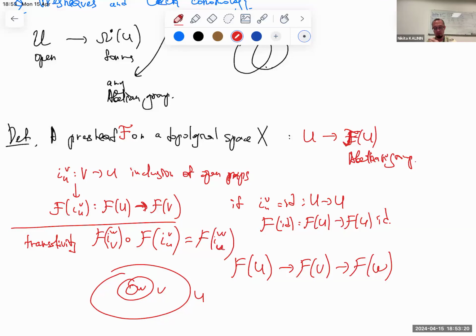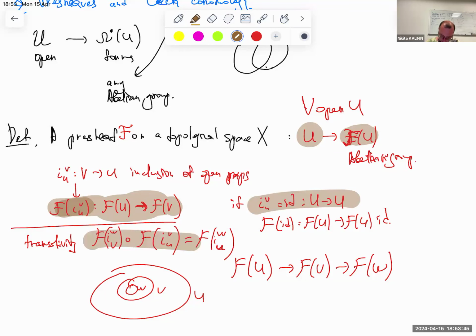Okay, so that's what we require. So a presheaf is such a map associating to every open set U an abelian group, such that for every inclusion of open sets there is a corresponding map between the corresponding abelian groups. The identity goes to identity, and the composition goes to composition.